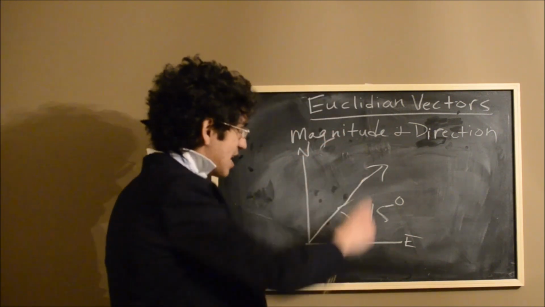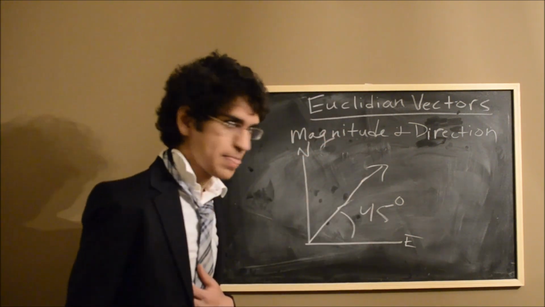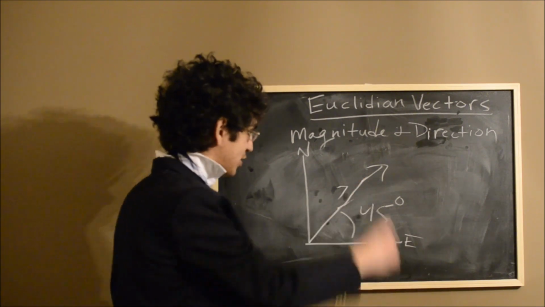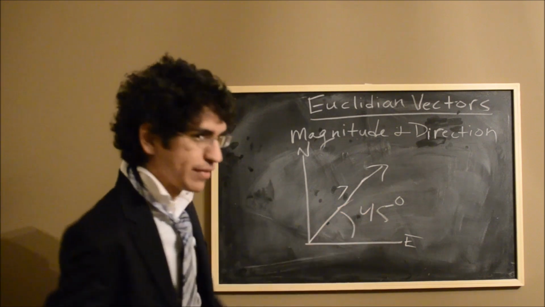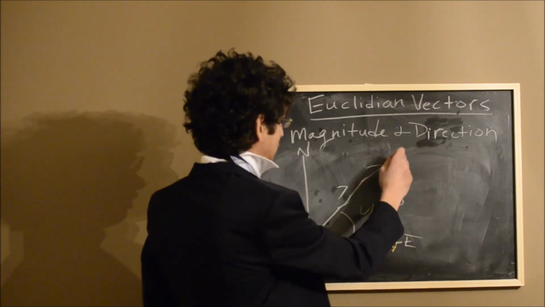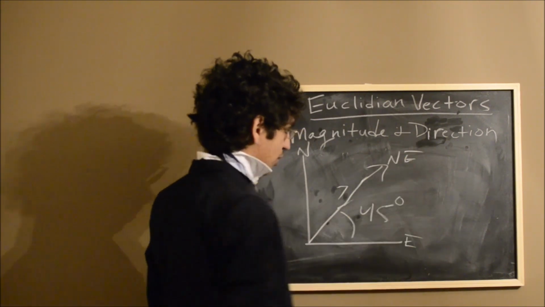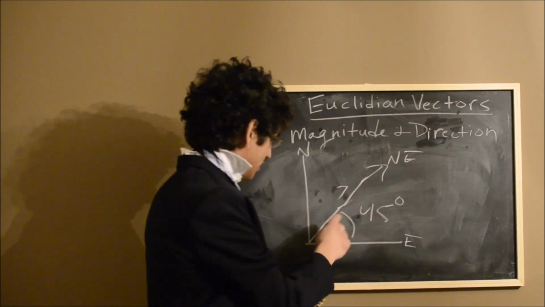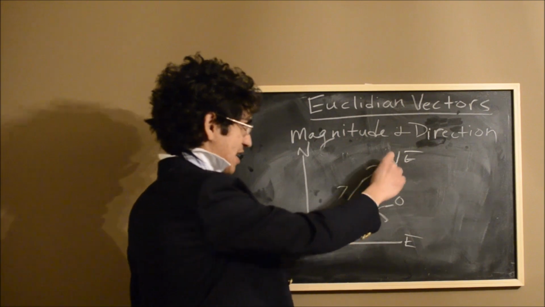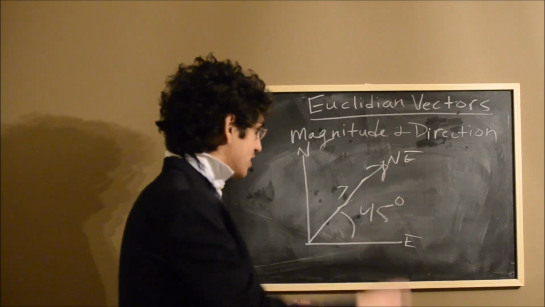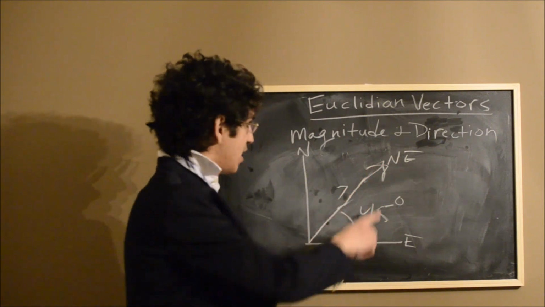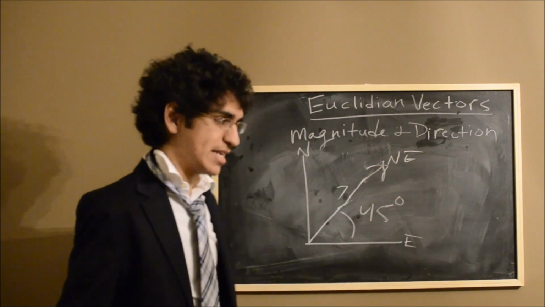Now look at this. This arrow right here has a length. Let's say it's 7. It has a direction. Given that that's a 45-degree angle, this arrow is pointing northeast. What is this? This is a quantity. An arrow representation of a quantity. It has a length of 7 and a direction northeast.